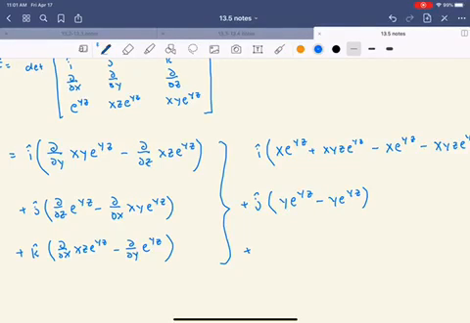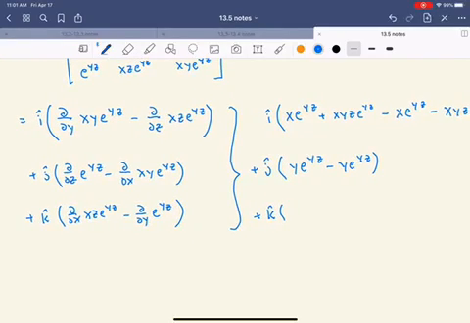Okay, let's hope that last one works too. K hat, the partial with respect to x of this is going to be z e to the yz minus z e to the yz. Awesome.